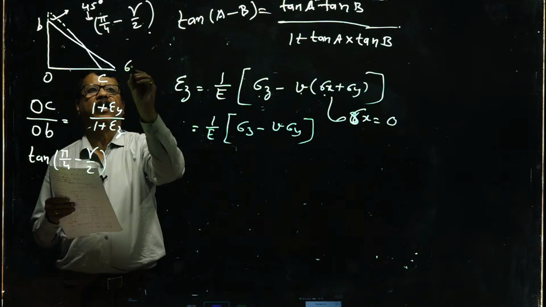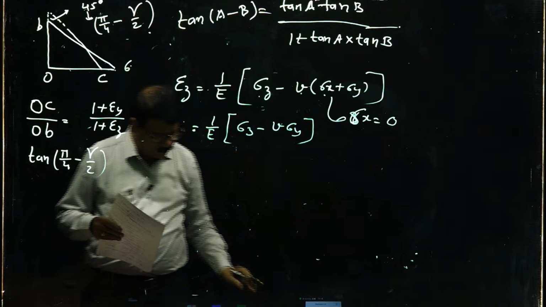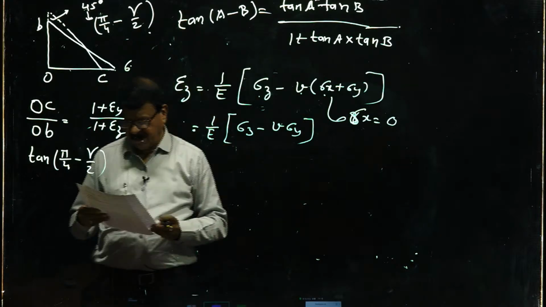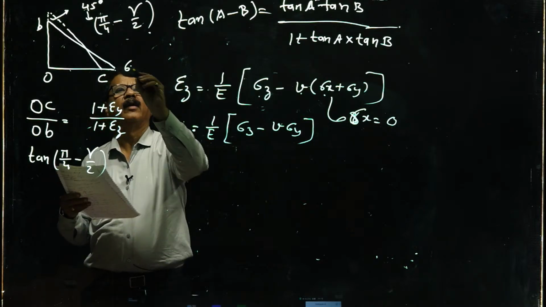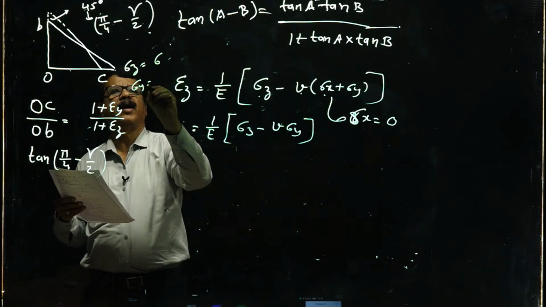I have written here, one is positive and one is negative. So sigma Z is equal to sigma and sigma y is equal to minus sigma.